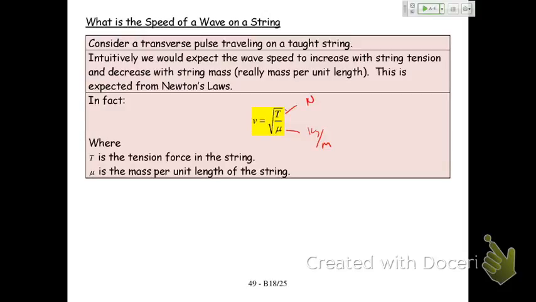And the square root sign you couldn't necessarily predict. Actually, there's an interesting point on that as well. Let's have a look. T is kilograms meters per second squared. That's force, yeah? And we're dividing that by kilograms per meter.